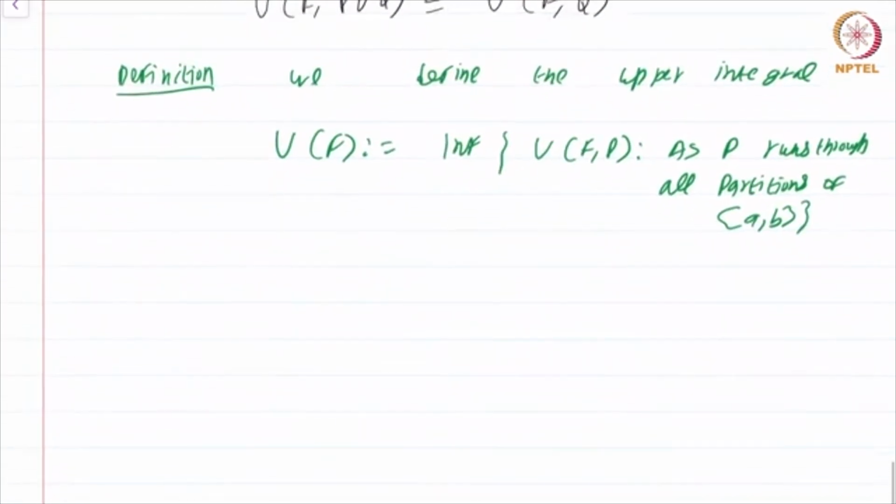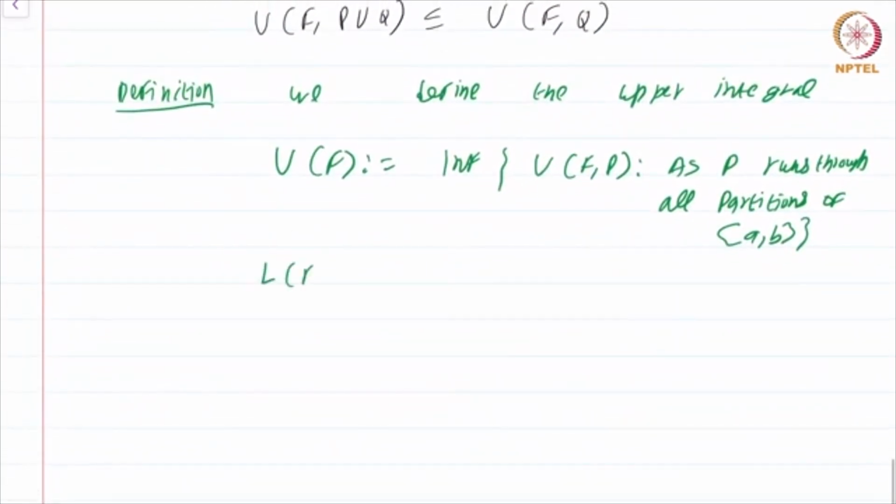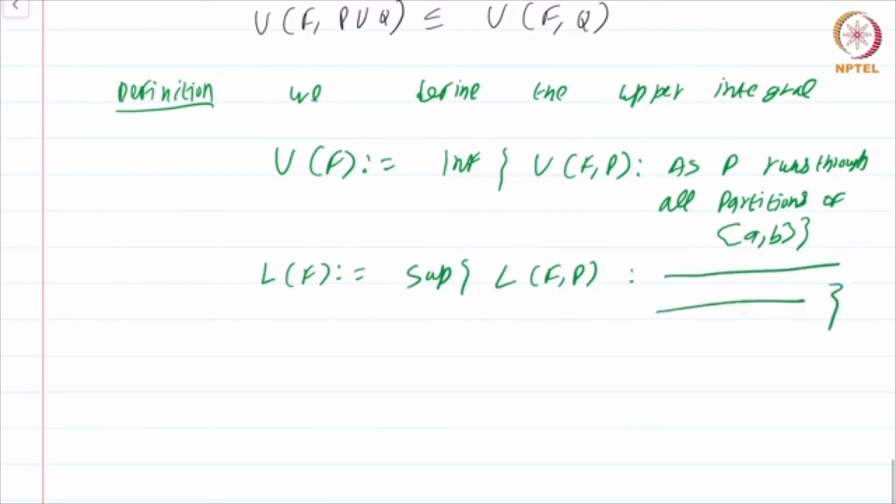And similarly, L of f is the supremum of L f P as P runs through all partitions of [a,b].